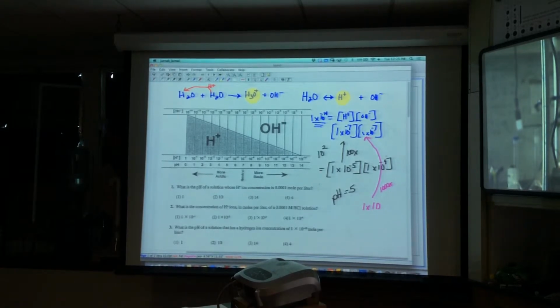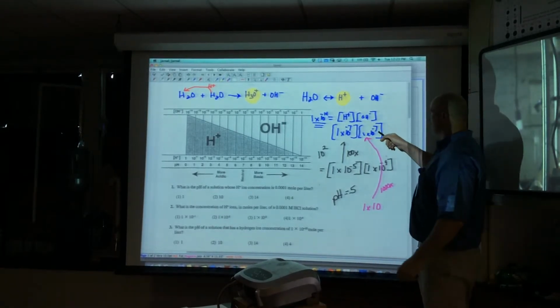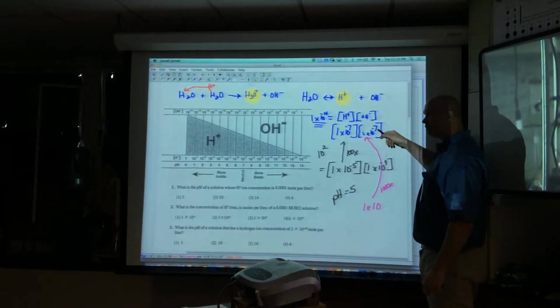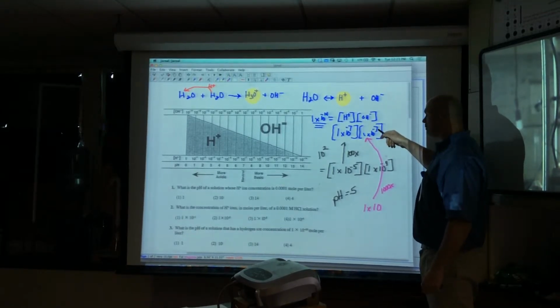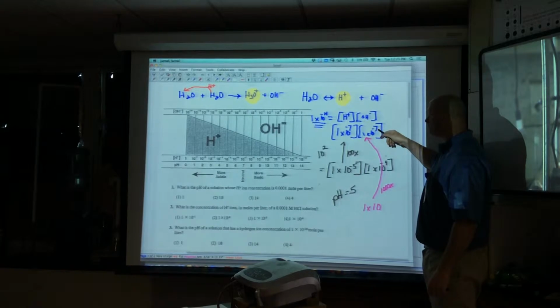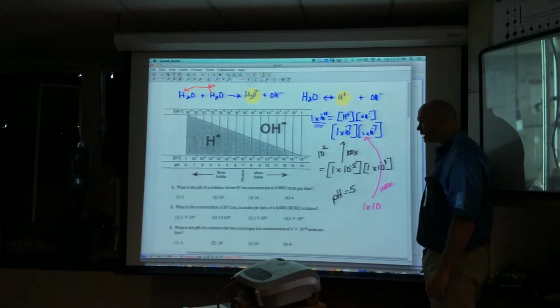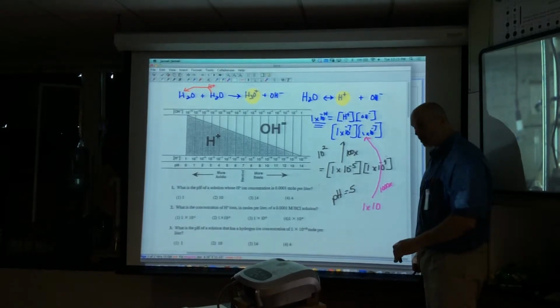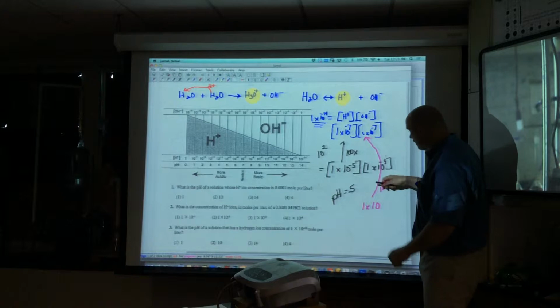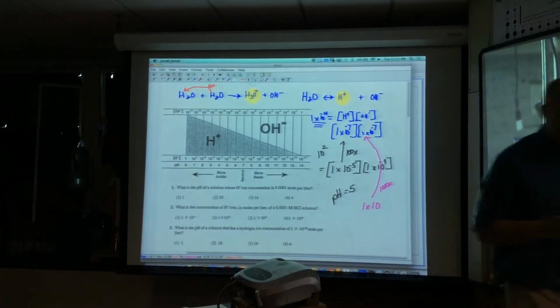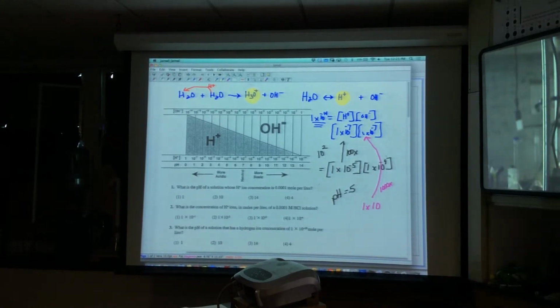It's 10 to the 3, right? So this would be 1 times 10 to the negative 4, increasing this 1,000 times. Right? It's getting bigger by 3 zeros. 1 times 10 to the negative 4.